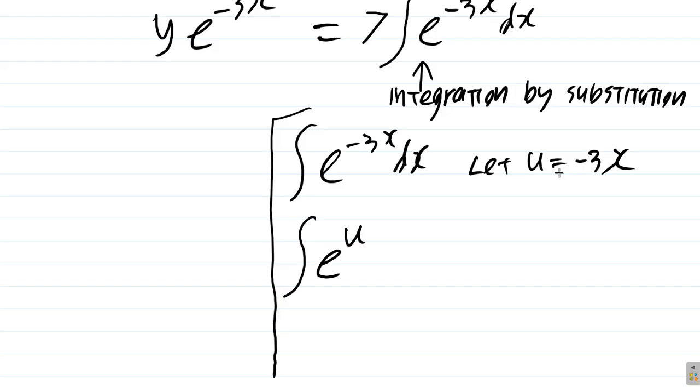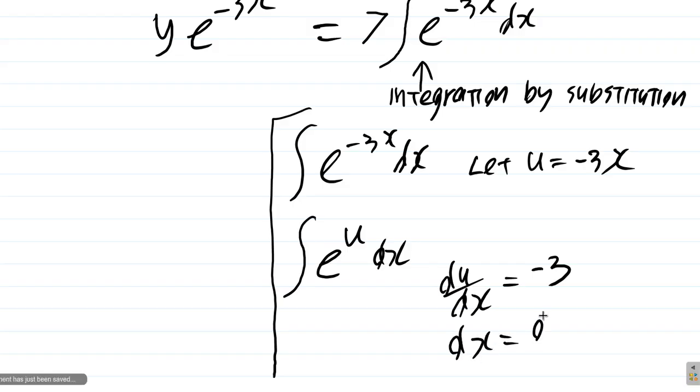Alright. But this says dx. We want du. So du by dx is negative 3. So what is dx? When you transpose this to make dx the subject, what you're going to have is that dx is equal to du over negative 3.